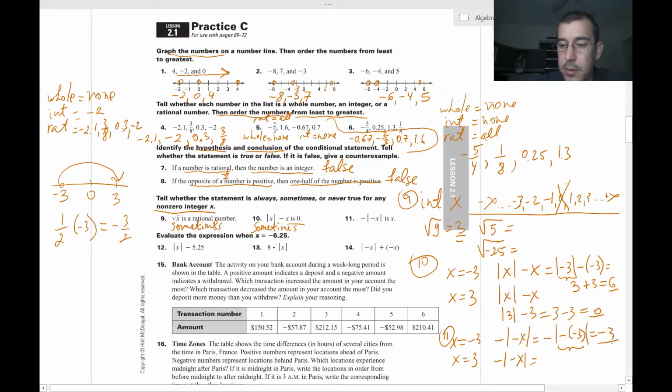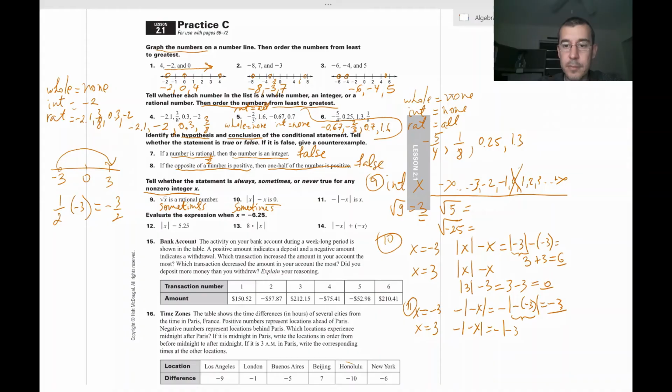Okay, so we get -3. Next one, x is 3. We have minus the absolute value of 3, which is 3, so we have -3. So it's sometimes.